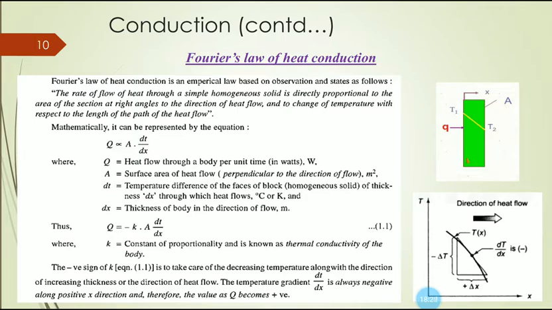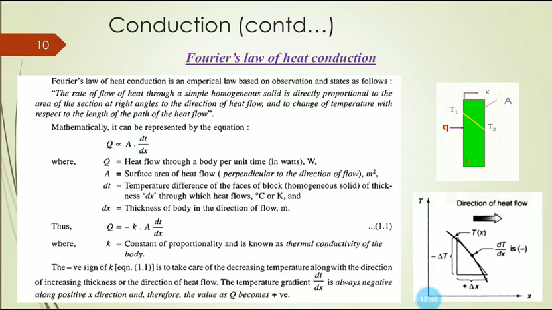On the right hand side you can see there is one diagram given, T versus x. So what is this actually? The negative sign is to take care of the decreasing temperature along with the direction of increasing thickness in the direction of heat flow.